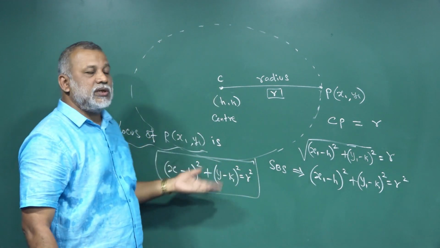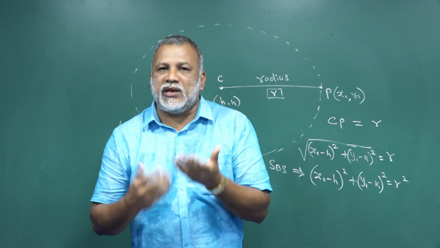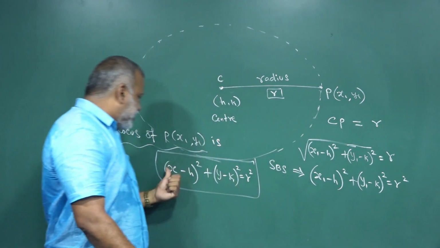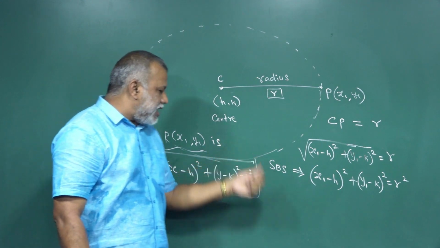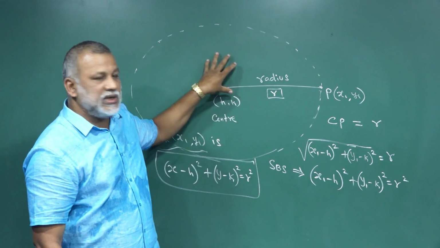See, this is the equation of the locus. What is the name of this locus? Initially I am explaining, it is the circle. So x minus h the whole squared plus y minus k the whole squared equal to R squared is the equation of the circle.